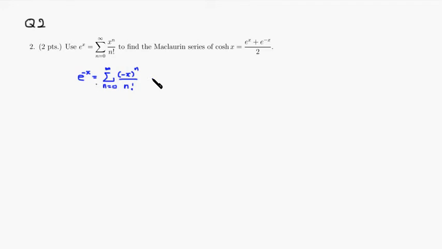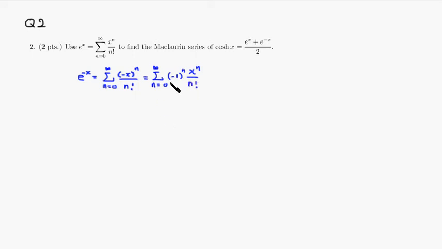And if you want, you can make it look more like an alternating series: summation n goes from 0 to infinity, negative 1 raised to the nth power, then x to the n over n factorial.